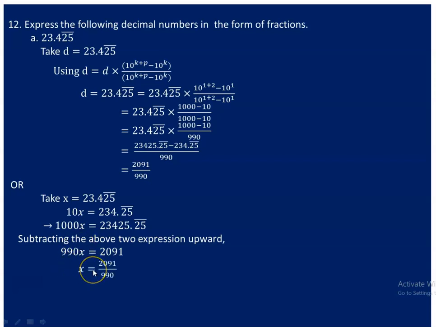As you are dividing, 2091 divided by 990 will come. Now, dear students, what have you obtained? You obtained the equivalent fraction form for this decimal number. Hence, the 23.425 repeating has such a fraction, 2091 over 990.